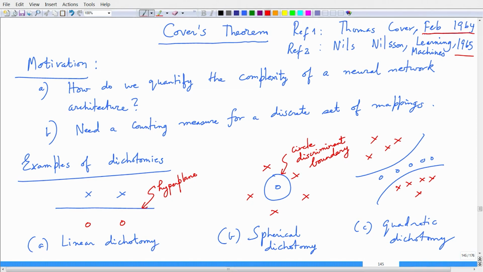A neural network can give you such discriminant boundaries that can be these curves, whereas through simple pattern recognition engines we can have lines as our discriminant boundaries. Throughout our journey into this module, we will assume linear discriminant boundaries.